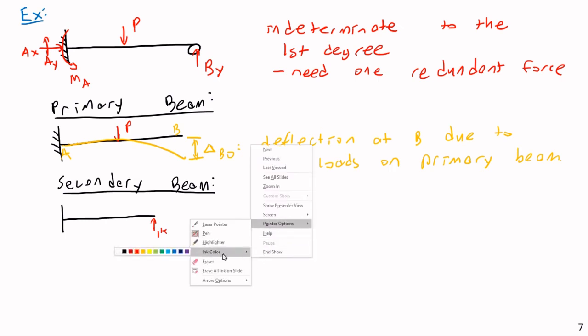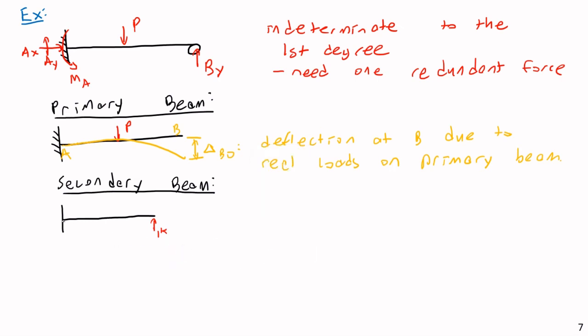There is going to be a certain deflection on this beam caused by this unit load. This is going to be a lowercase delta because we're dealing with a virtual system, lowercase delta BB.